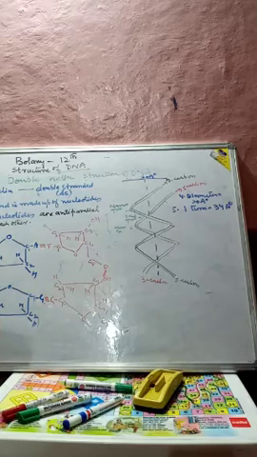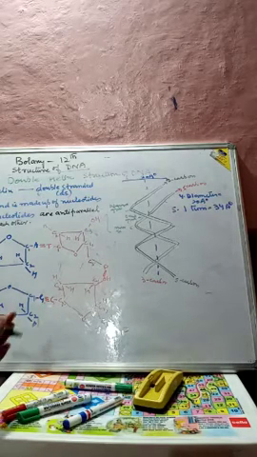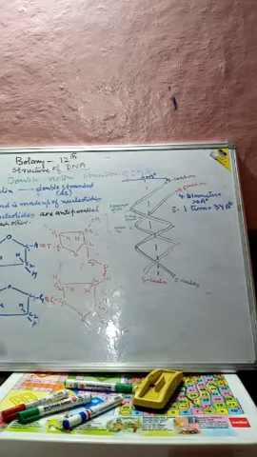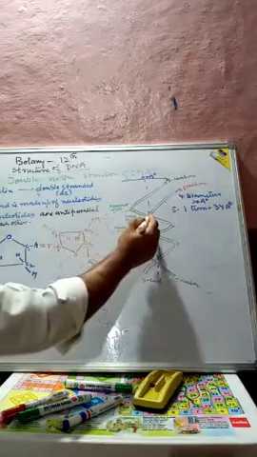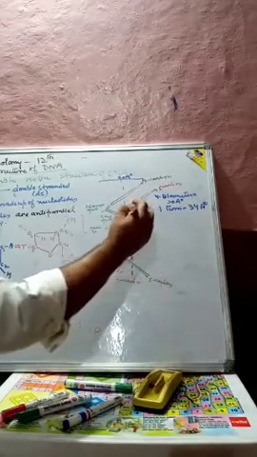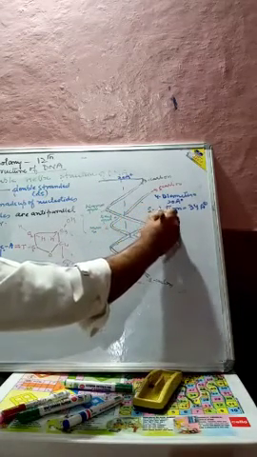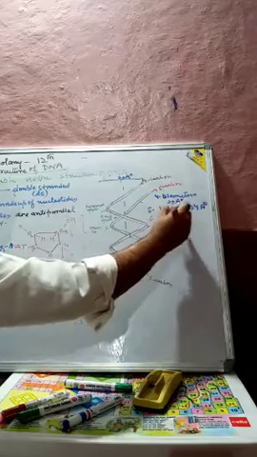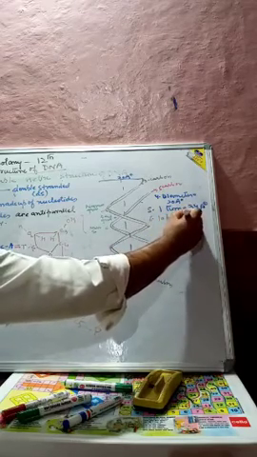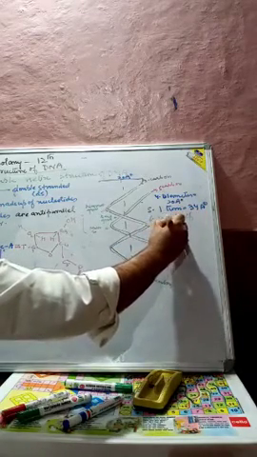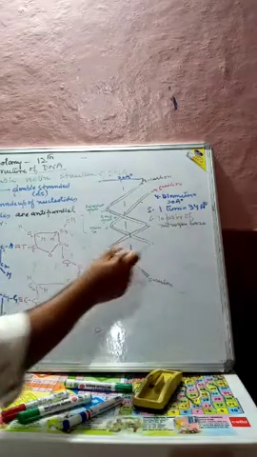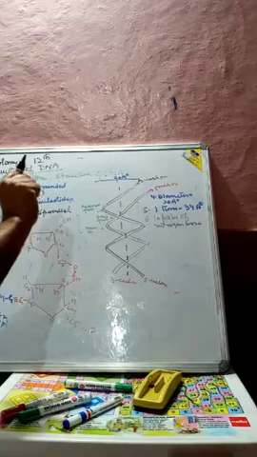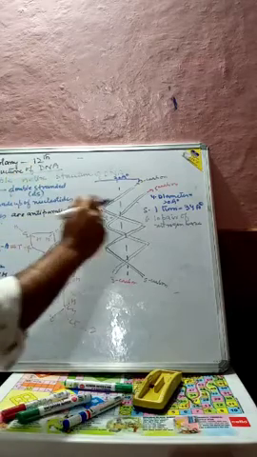Now, in this groove, there are about 10 pairs of nitrogen bases in this one turn. And so what is the distance between the two consecutive nitrogen bases?